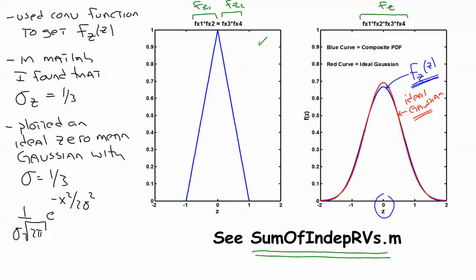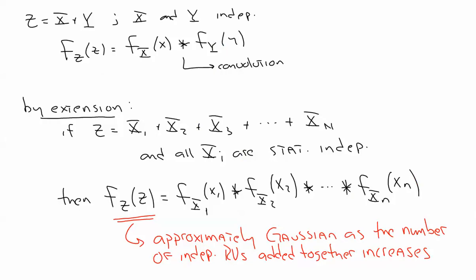If I convolved many more statistically independent random variables, the blue curve and the red curve on the right-hand side of this page would be virtually indistinguishable from one another. I haven't proven this statement at the bottom of the page to you, but I think I've demonstrated it pretty well by example.